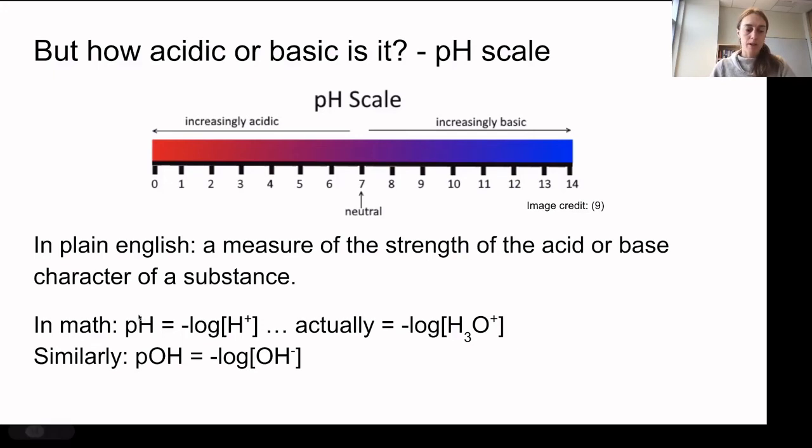So in math, pH is the negative log of the concentration of protons in solution, which, keep in mind, is actually the negative log of hydronium ions in solution. Similarly, pOH is the negative log of the concentration of hydroxide ions in solution.